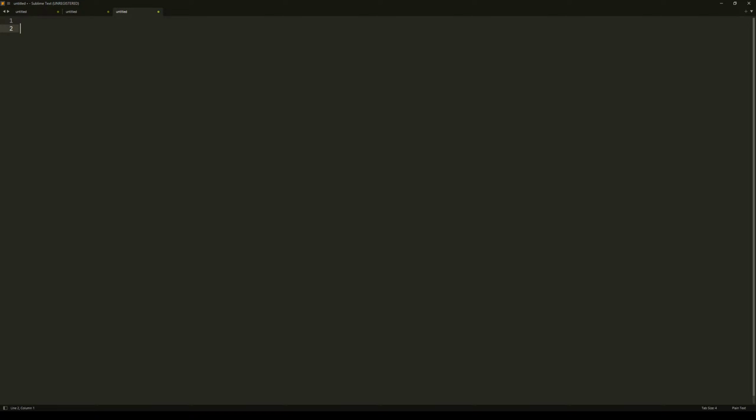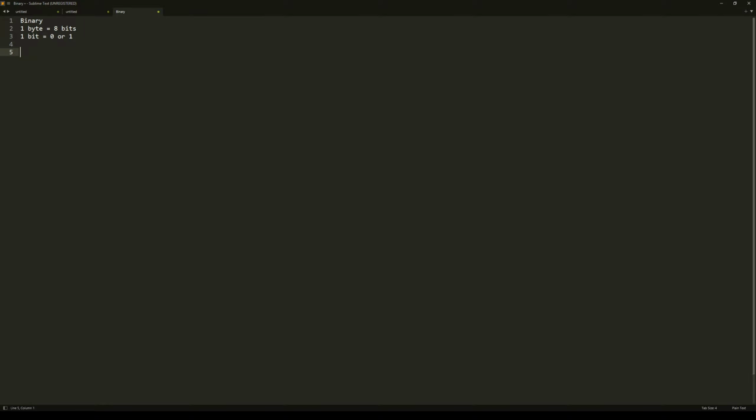To start off, 1 byte is equal to 8 bits. 1 bit is either 0 or 1, and this is of course in binary.